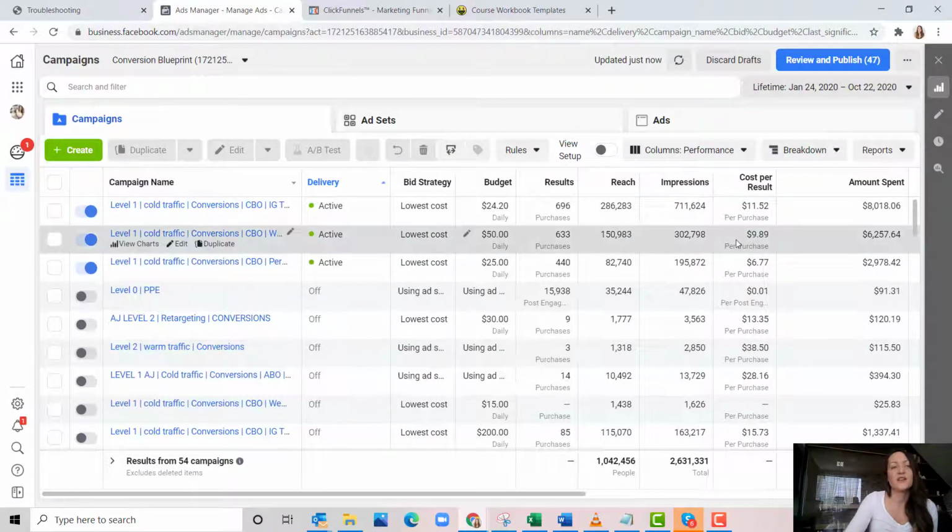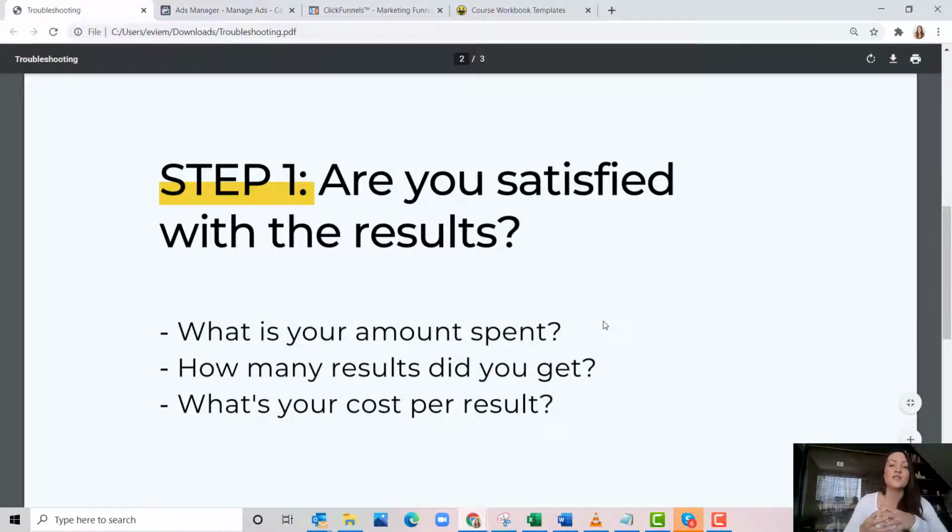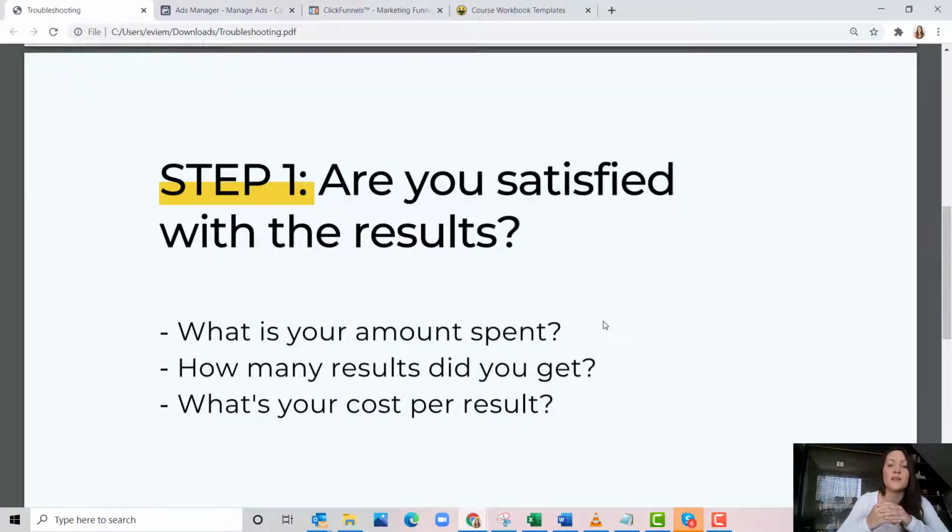So to judge if this is a good result or not, you need to understand your business numbers. As I said, if we work with purchase and we sell something, it's relatively easy to measure this. If it's something else, like we get leads, then it's a bit trickier because we don't know the lead quality yet.